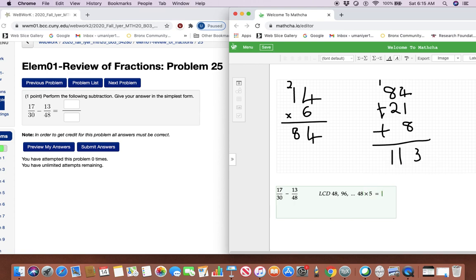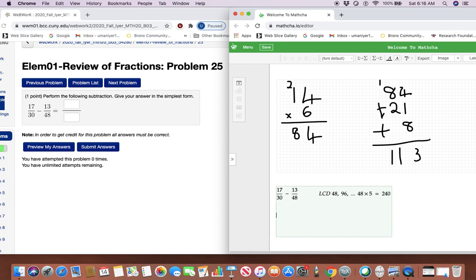So that's 240. Now that works because that number 30 will go evenly and so does 48. 48 times 5 is 240 and 30 times 8 is 240. Okay, so I'm sure there are other ways of doing this, but this is one way.